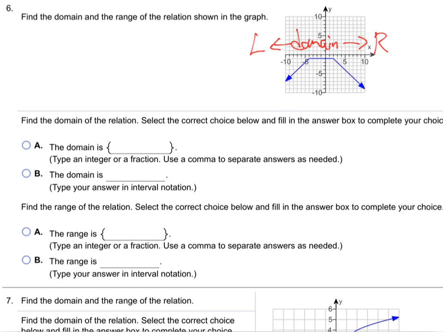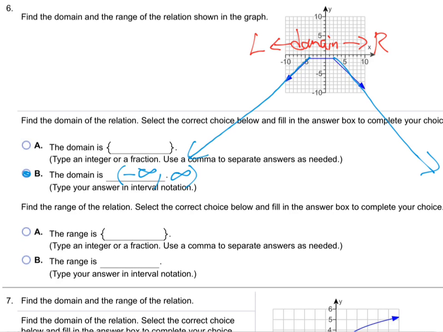It looks like this branch says I go down and left forever. This branch says I go down and right forever, right? That's what those arrows mean. Keep on heading that way forever. So how far left does the graph go? Forever left. It's negative infinity to positive infinity, huh? That's how far left and right it goes. We good with that?